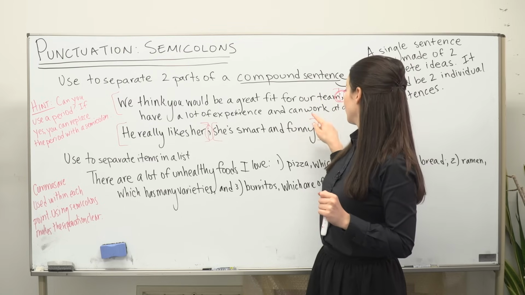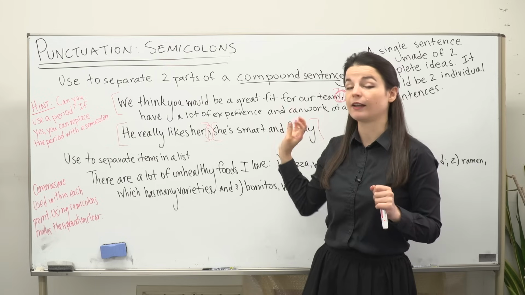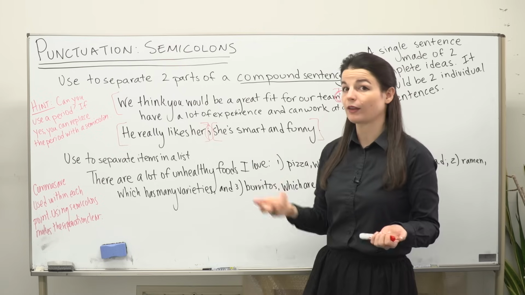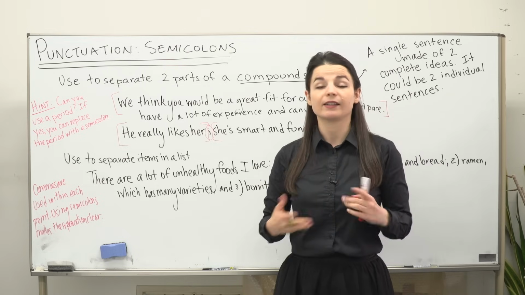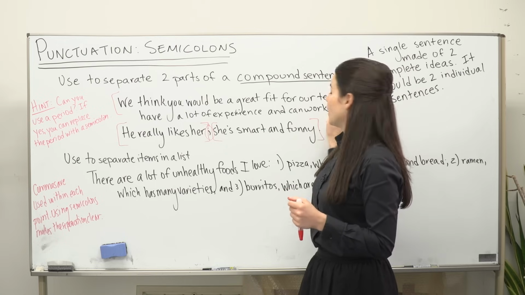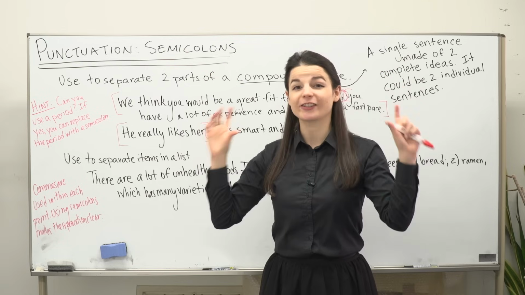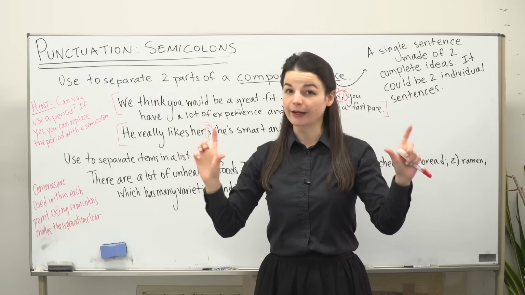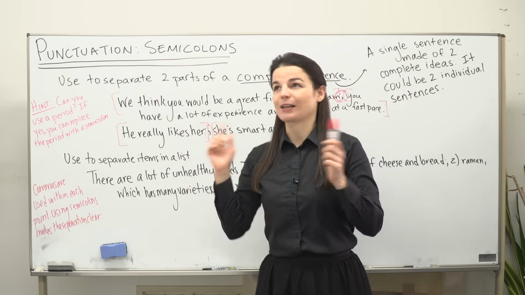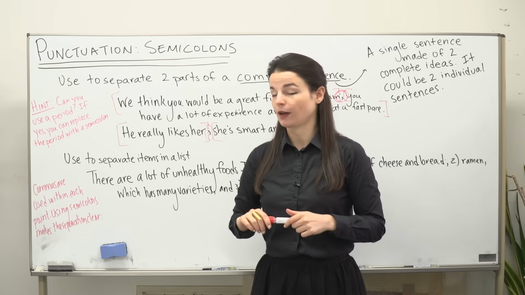You have a lot of experience and can work at a fast pace, another period. If you can use a period in the place where you're thinking about using a semicolon, it's okay to use a semicolon. So please think of that tip. If you can finish the sentence and it's a grammatically correct sentence, you can replace that with a period. You can use a semicolon in that place as well.